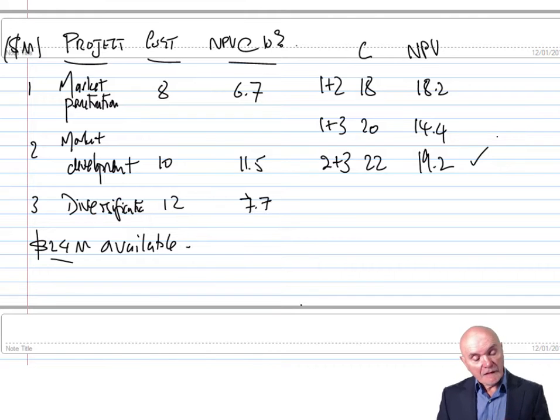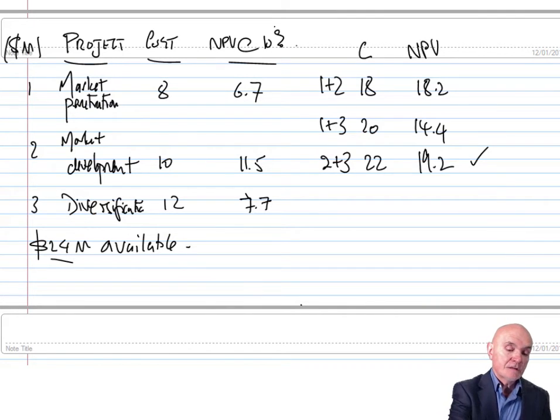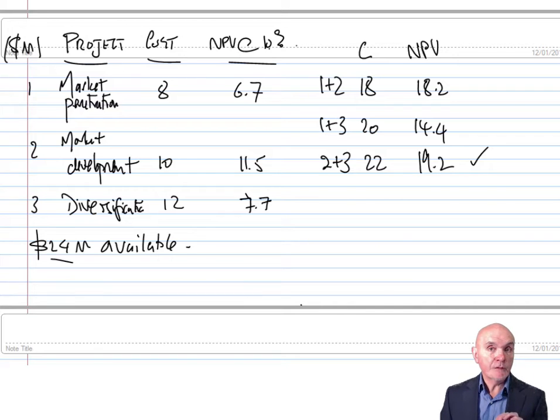Second thing I think we need to think about a little bit is how valid is it to discount all of the projects here at 10%. Because Ansoff's matrix, we should remember that the different quadrants have got different risks associated with them. Market penetration is fairly safe. We're in known territory both for product and for market.